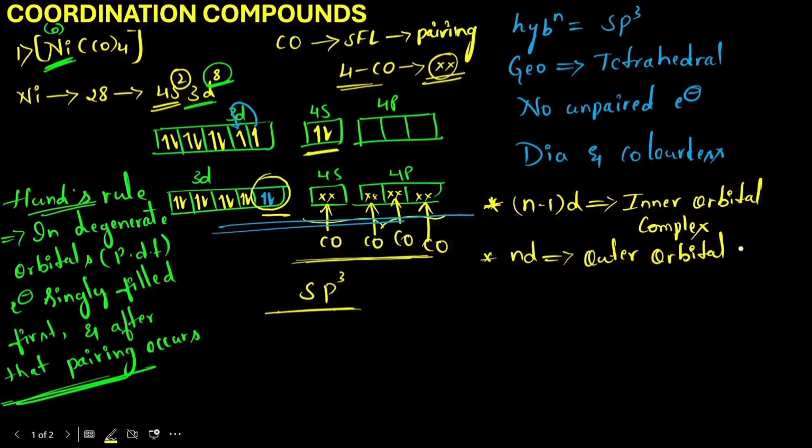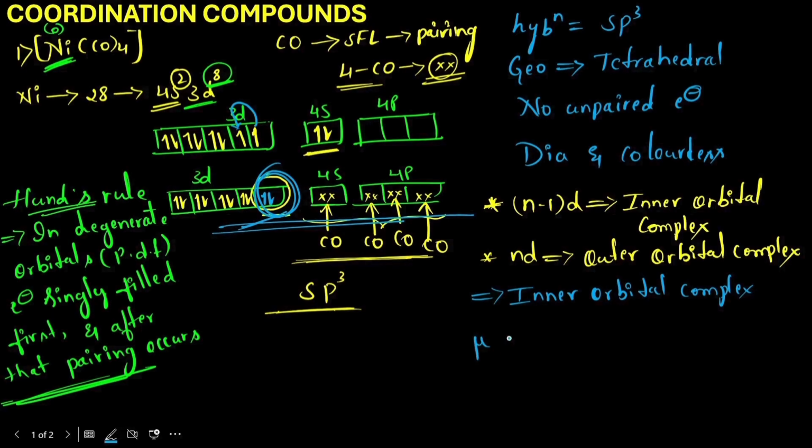Here the inner d orbital is used, therefore it is an inner orbital complex. If you calculate the magnetic moment, mu is equal to root of n into n plus 2 Bohr magneton, where n is the number of unpaired electrons. We don't have unpaired electrons, therefore n is equal to 0, therefore mu is equal to 0.